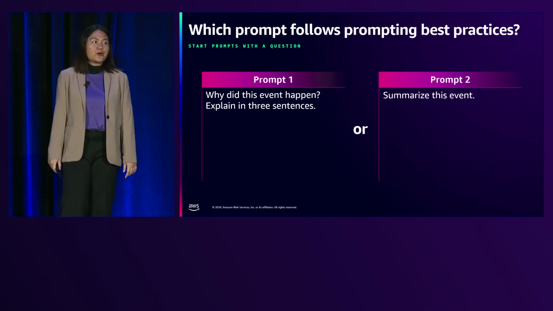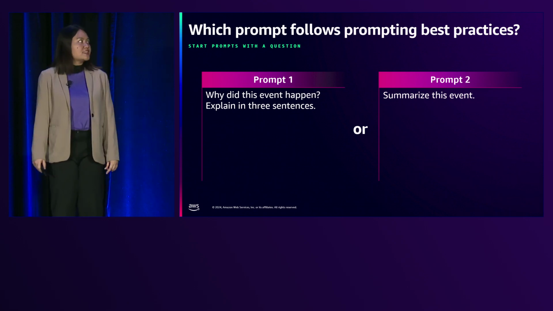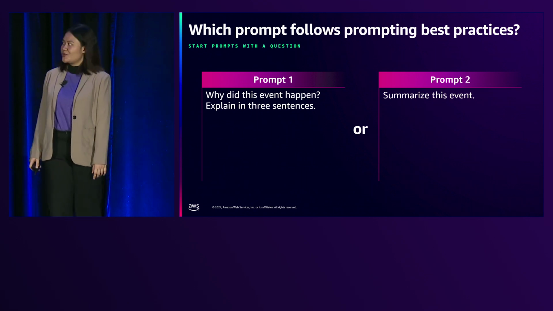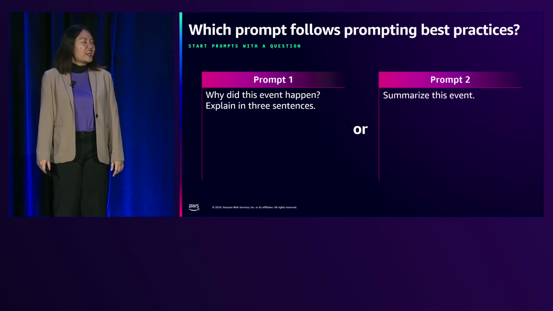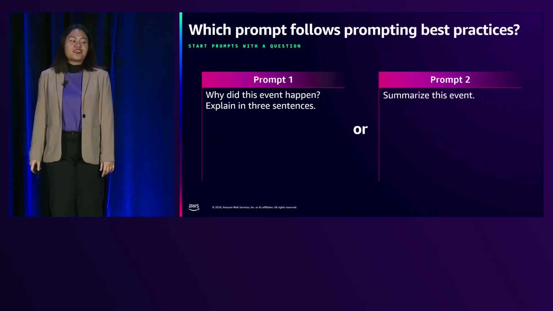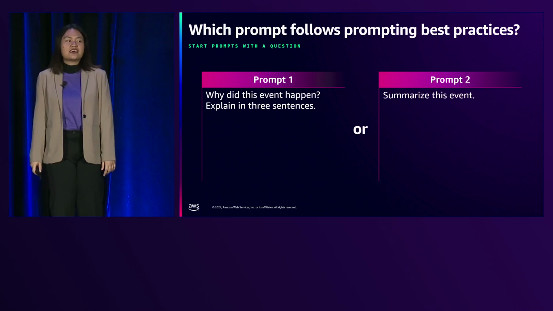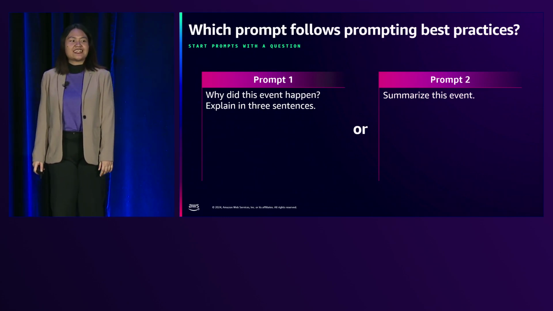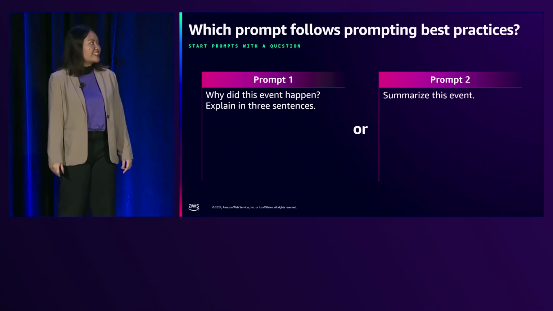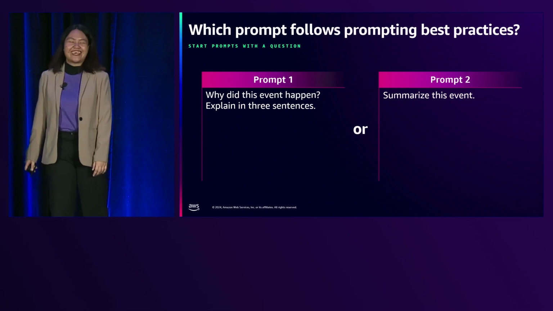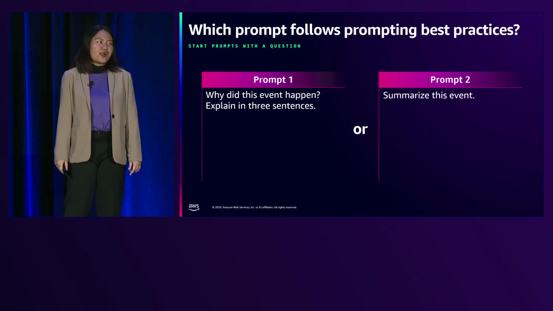So I will give you around 5 seconds to read through prompt 1 and 2. All right. So if you think prompt 1 was the correct answer, feel free to raise your hand. Prompt 1, okay? And then prompt 2.